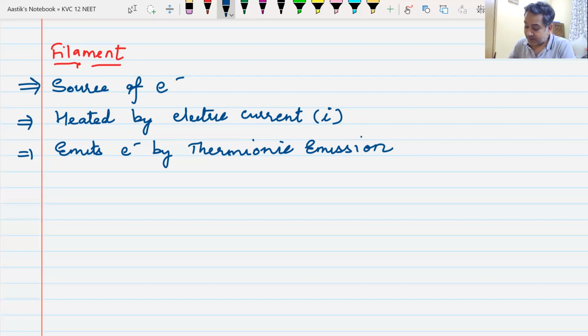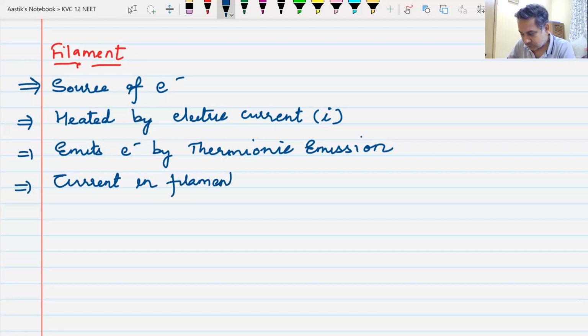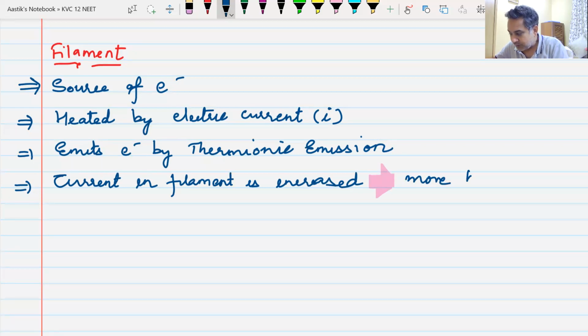Now, if the current in the filament is increased, then what happens? More heating of the filament.